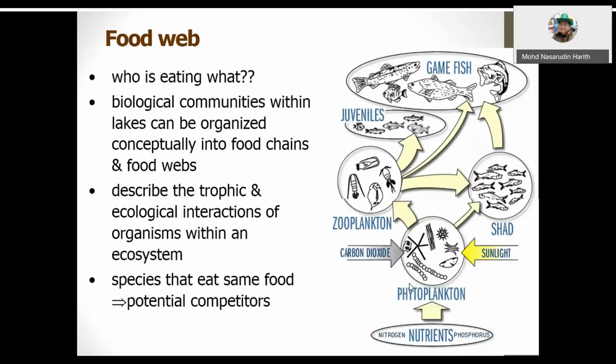What is a food web? It shows who is eating what. Biological communities within lakes can be organized conceptually into food chains and food webs. It describes the trophic and ecological interactions of organisms within an ecosystem. If species eat the same food, they are potential competitors.